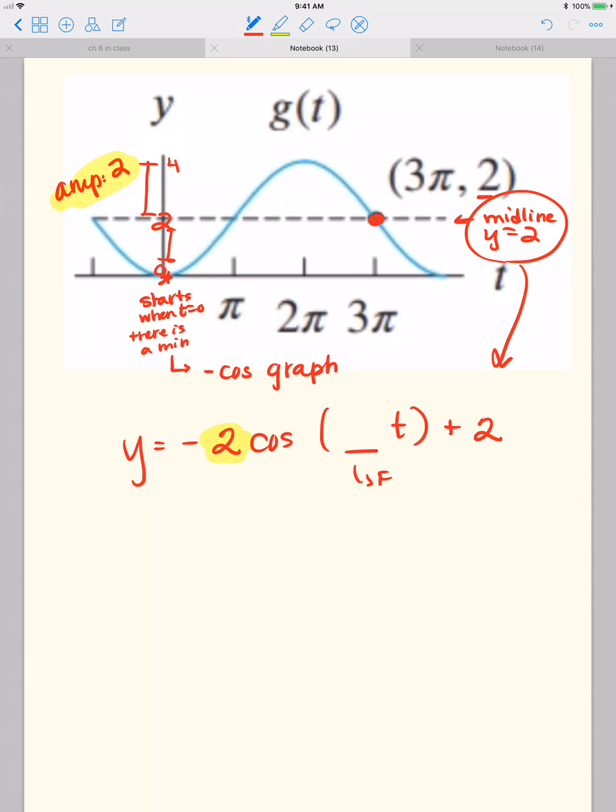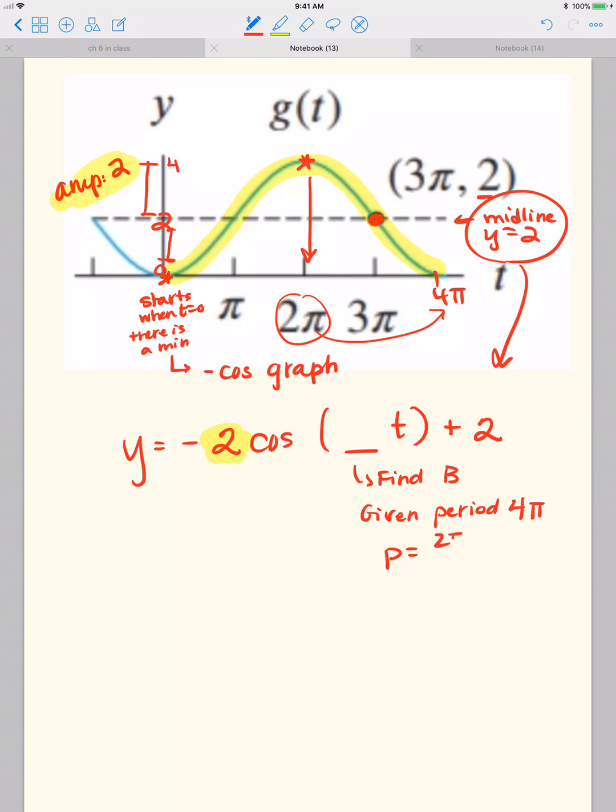And now we just have to find this b value given the period from our graph. So if we go to our graph where it starts, one full cycle is going to be a period of 4 pi. Here at the middle, this maximum, the t value is 2 pi. So if you double that, you'll get your full period of 4 pi. So the period is 4 pi.